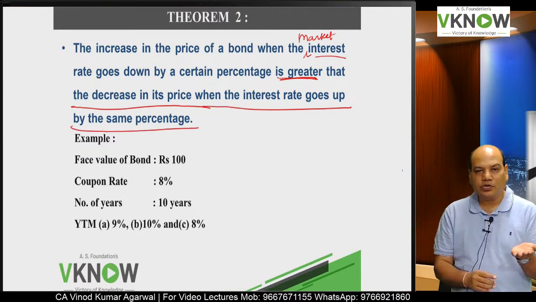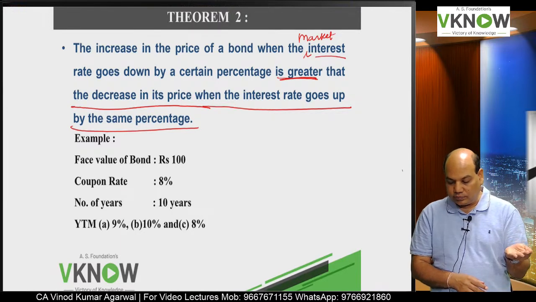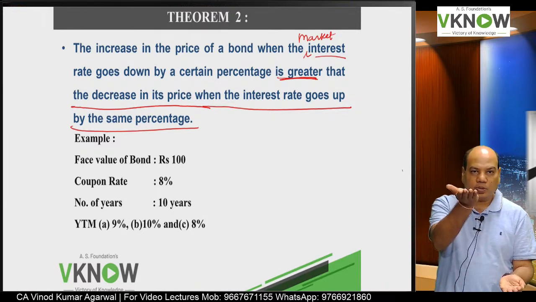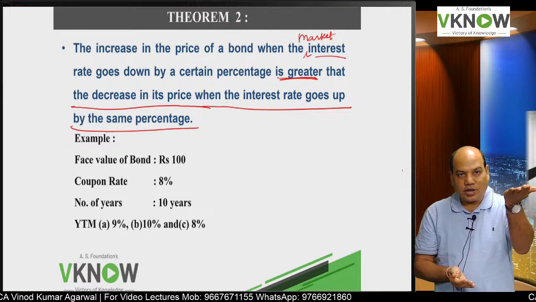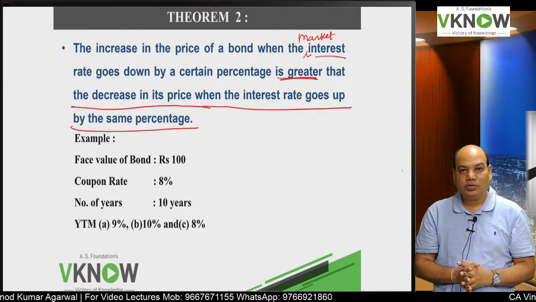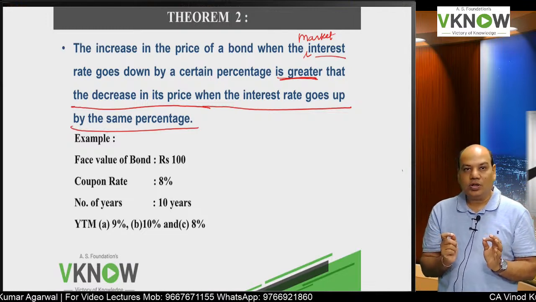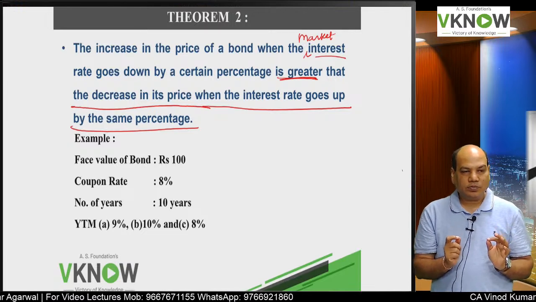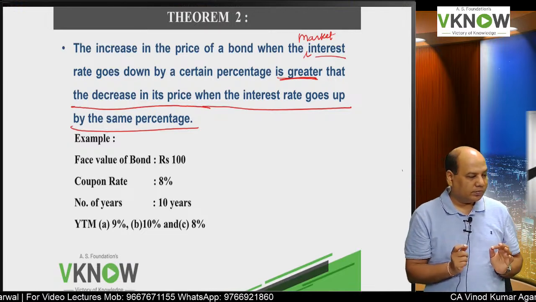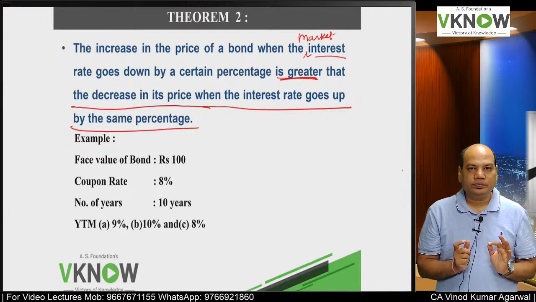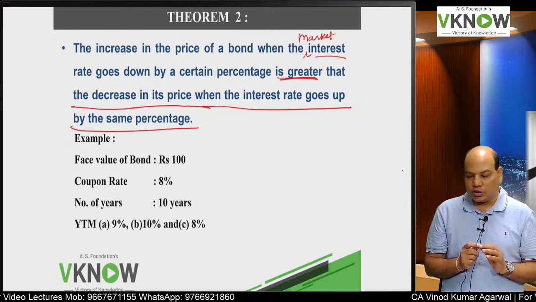So when the interest rate falls, bond price rises. When interest rate rises, bond price will fall. But the change in the bond price in percentage terms is not equal.